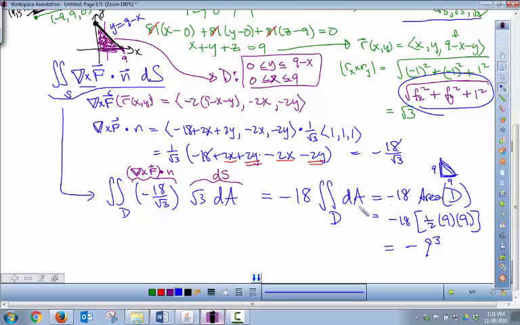So if this thing in here didn't happen to be 1, then we would have needed to put these limits in here and do a double integral. But the fact that this is 1 means that we can take advantage of that special property that we're really just looking for the area. Questions? Yeah.